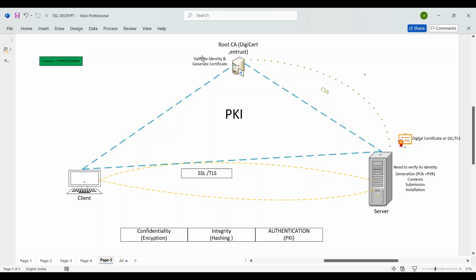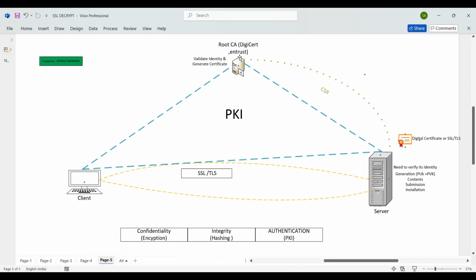Sometimes it sends people over to the premises also, because they need a physical address of the organization, right? Once they complete their process, like a background check, only then will it generate a certificate. And this certificate will be signed by the root CA private key.